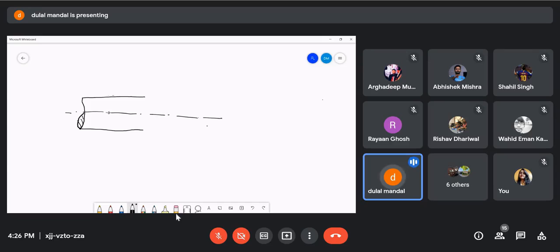Now let me show you the threading portion. Actually, this is a very sensitive electronic board, so it is very difficult to handle, that is, to draw on this. I am giving you the pictorial view.